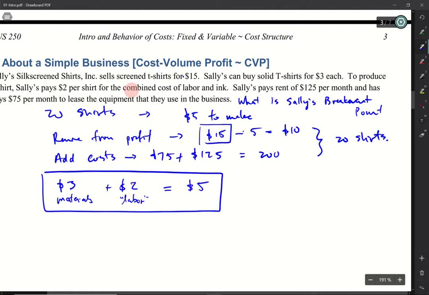Okay, so combine these. Okay. Then the next thing that you noticed was there was this other.